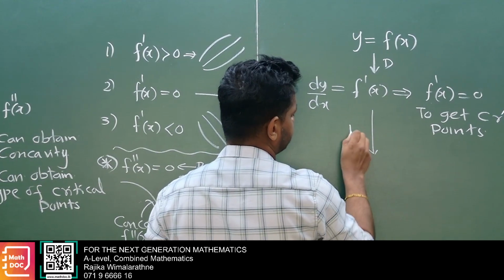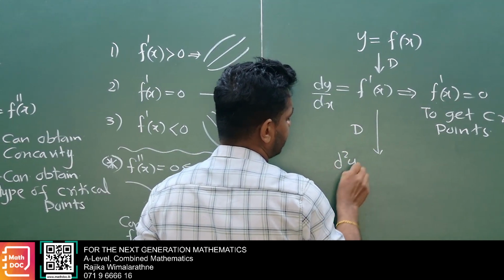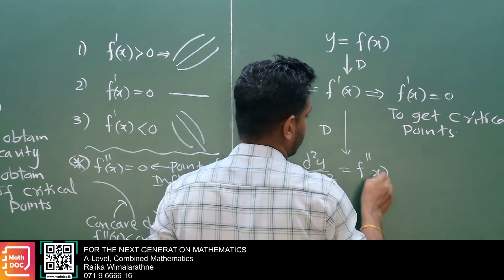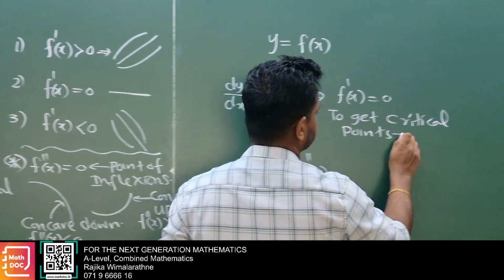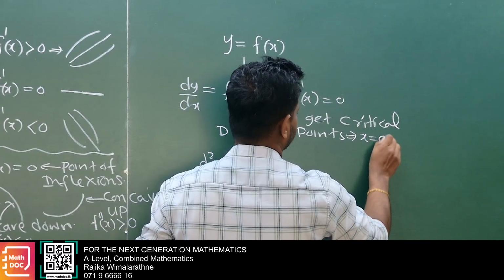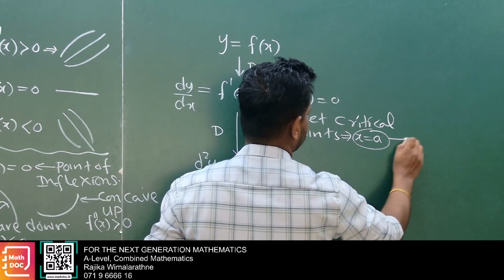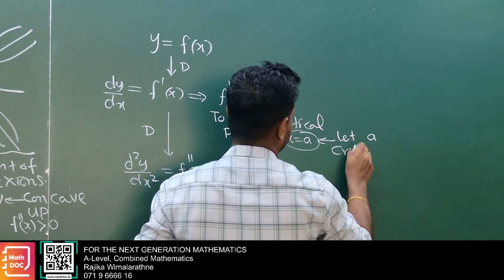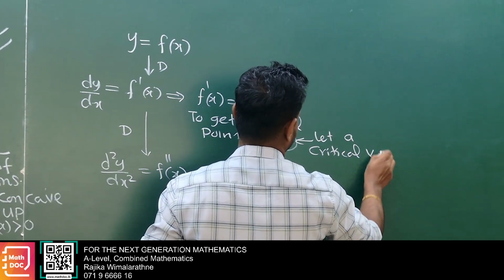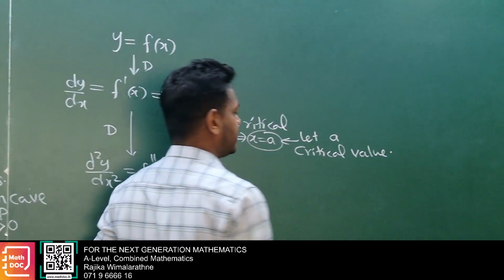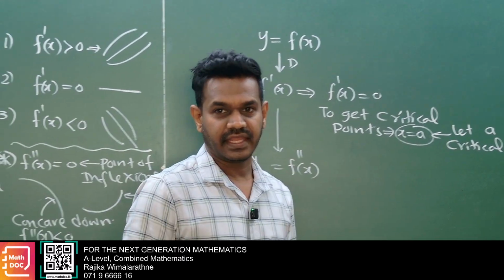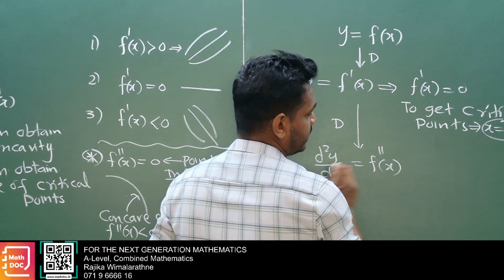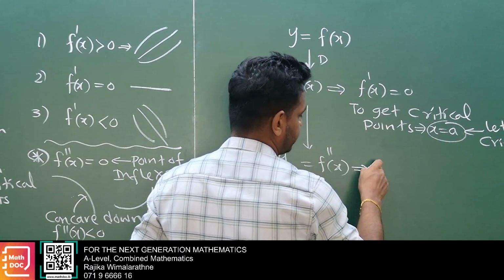Then differentiate further, and we get d squared y by dx squared, or f double dash x. Let the critical value be x equals a. By this you can identify the type of critical point.